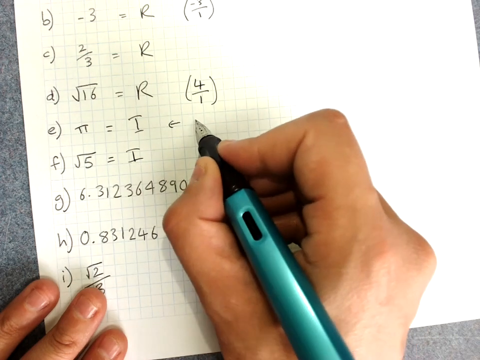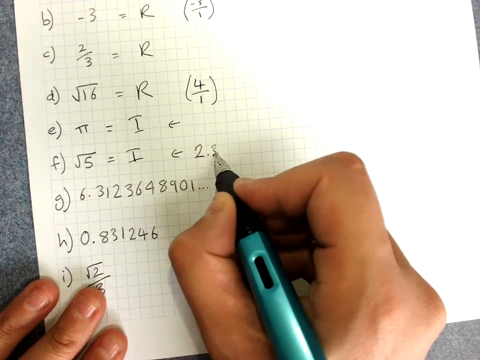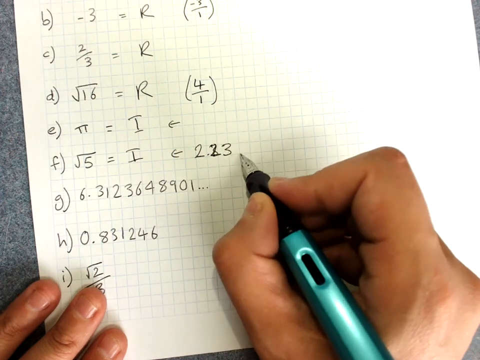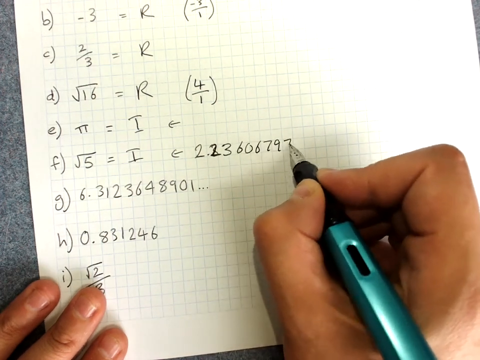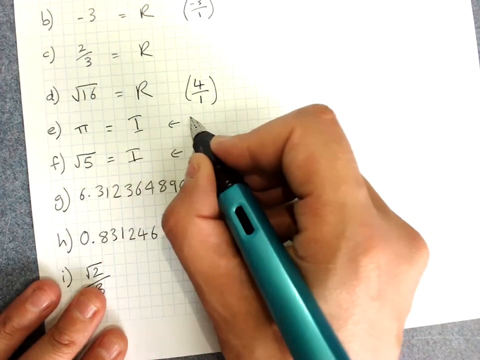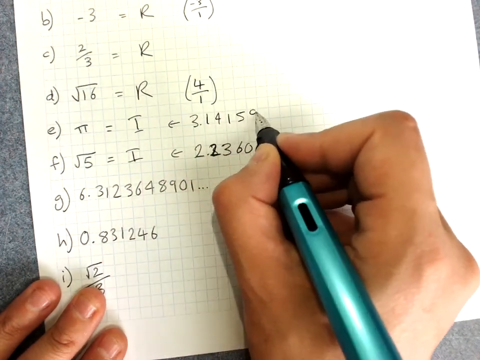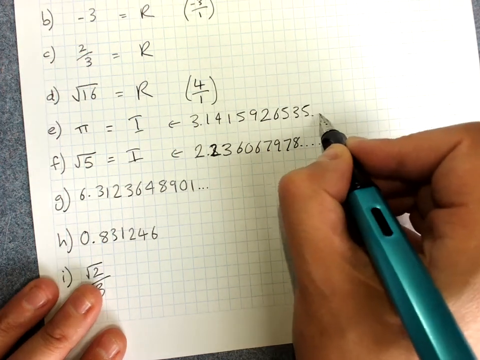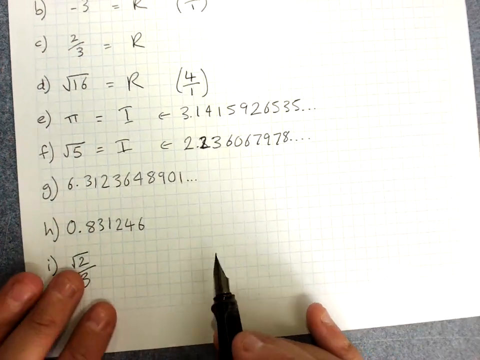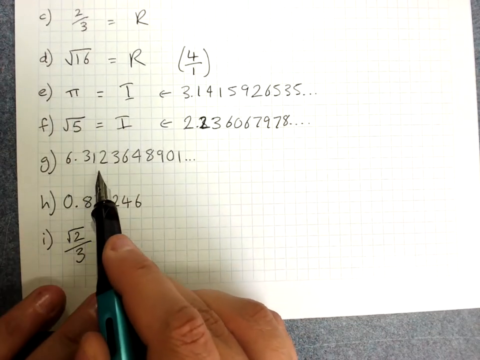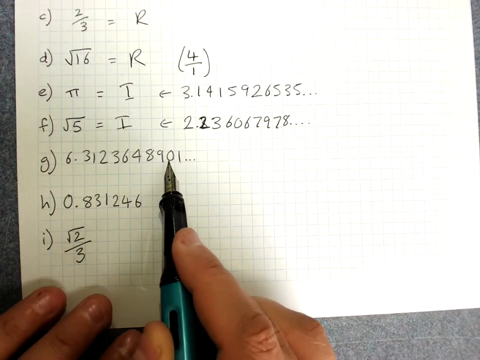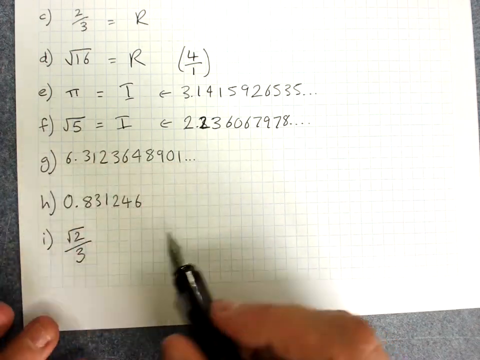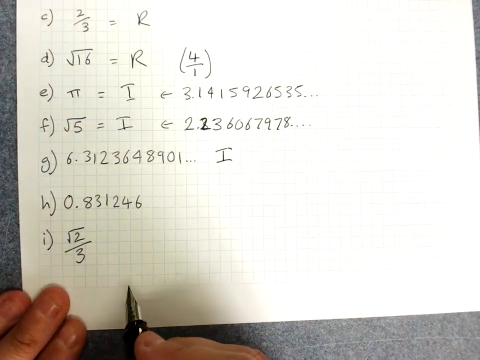So to show that for these two, the square root of 5 is 2.236067978 and just keeps going. Pi is 3.14159 26535 and just keeps going. How about this one? 6.31236489101 and it keeps going. No evidence of a recurring pattern. Irrational.